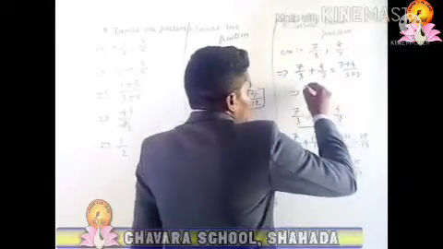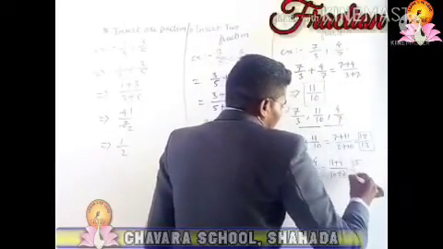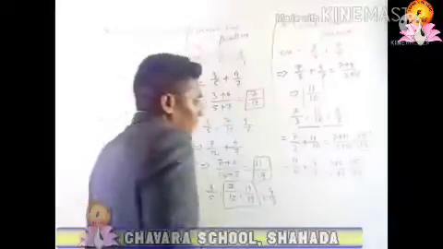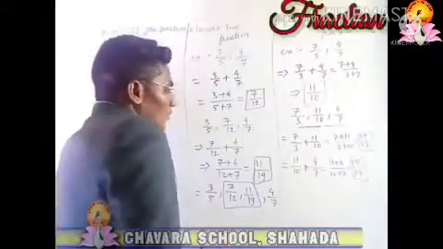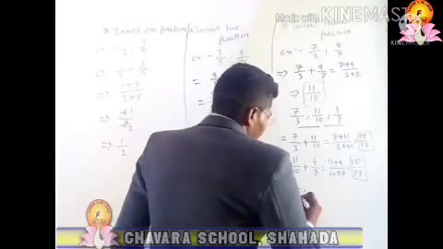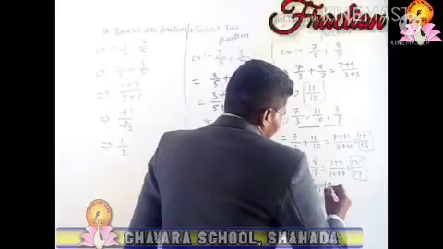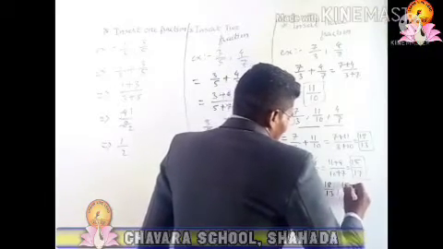This is how we got three fractions: 11 by 10, 18 by 13 and 15 by 17. Now we can arrange them in the given fractions: 7 by 3, 11 by 10, 18 by 13, 15 by 17.